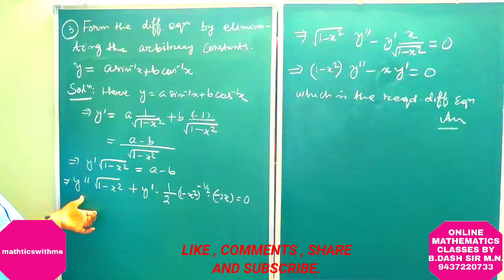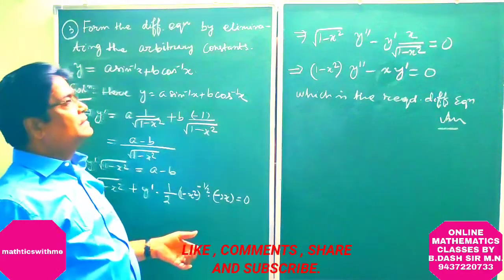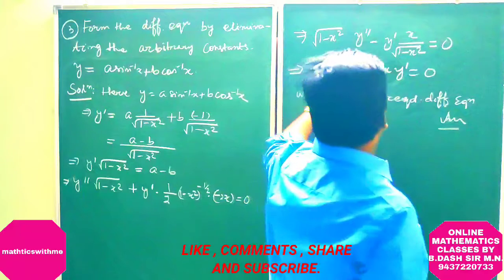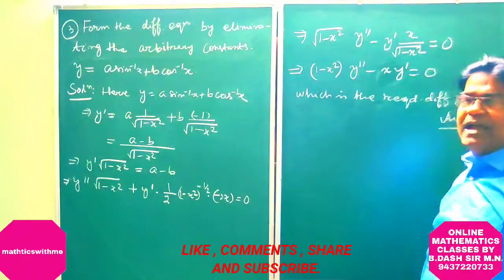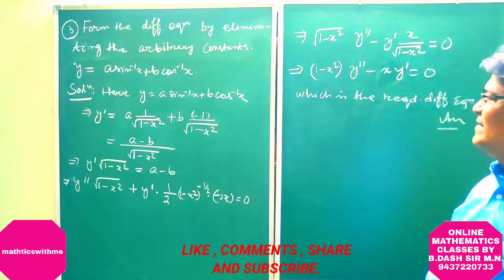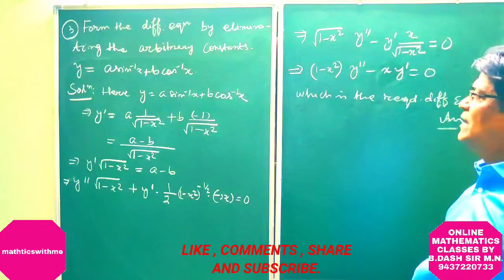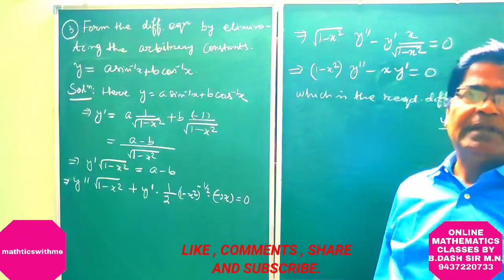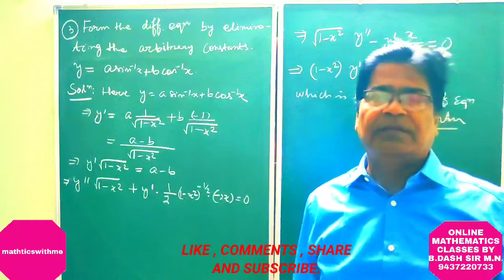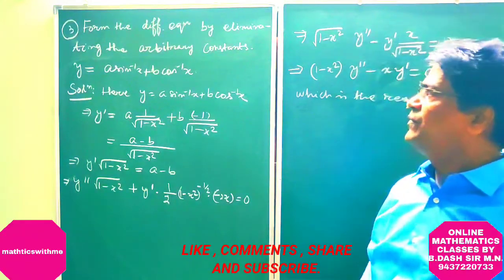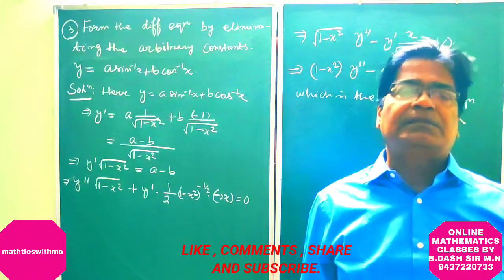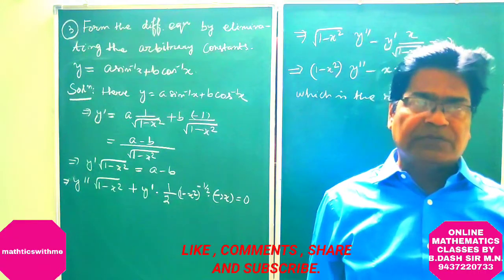Again differentiating, and after simplification we get 1 minus x square into y double dash minus x y dash is equal to 0, which is the required differential equation. So our third question is solved. Let us proceed to solve the next question.